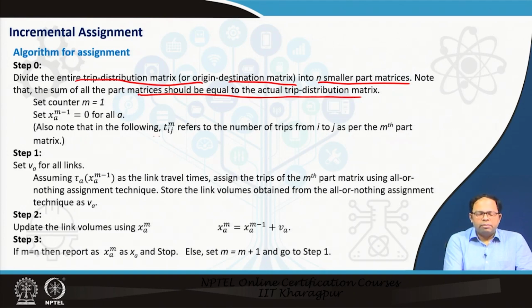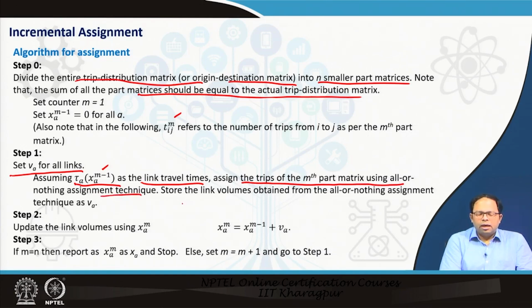Whichever matrix we are using, that particular part's traffic volume is what we are referring to. So we first set the volume Va for all links, and for this particular iteration we set all link travel times, tau a, and assign the trips of the mth part matrix using the all-or-nothing assignment technique.